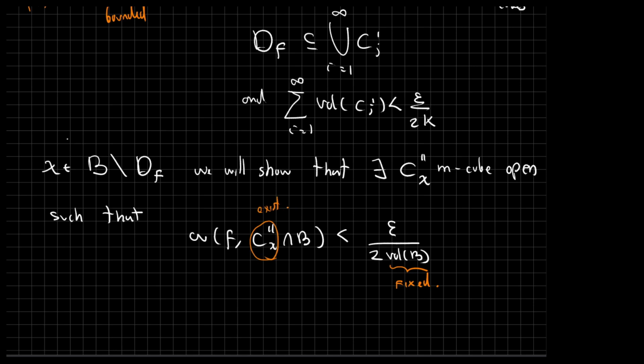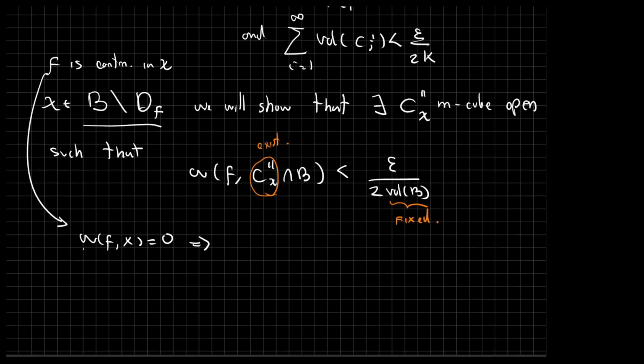So recall that since x is in this set, i.e. f is continuous in x, then the oscillation of f in x is equal to 0 by definition, or well, by its equivalent.